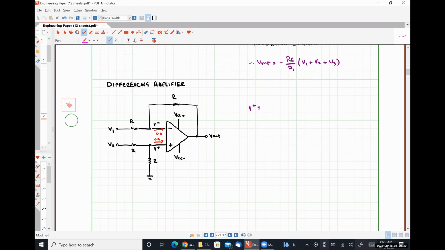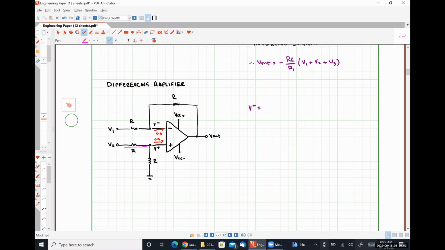One of the most obvious ways, let's do this in pink. If our input voltage V2 is not 0, then we should expect some current to flow out of the positive polarity terminal of our input voltage V2 through this resistor R, and then it's going to see the non-inverting input node.